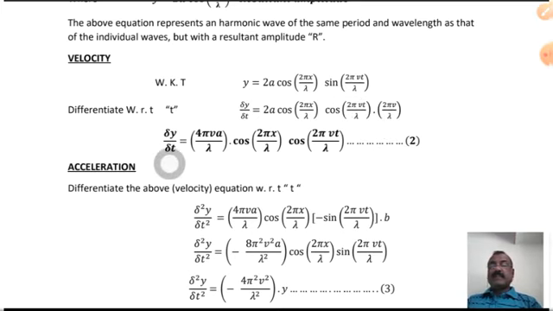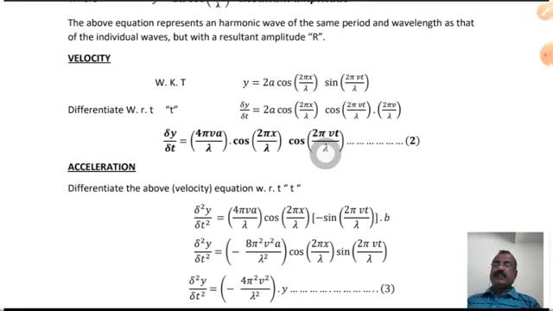The final expression for the velocity is delta y by delta t is equal to 4 pi va by lambda, that is 2a into 2 pi v by lambda is 4 pi va by lambda into cos 2 pi x by lambda cos 2 pi vt by lambda.